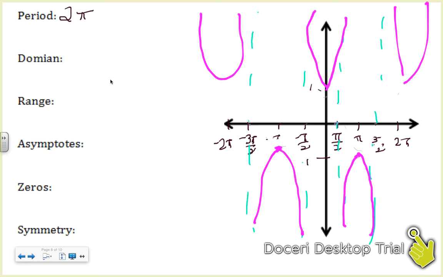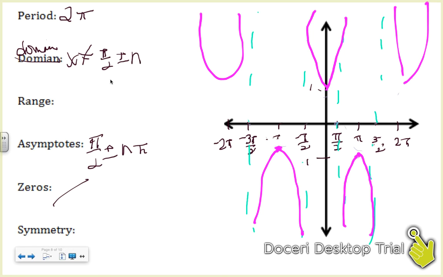So your domain is everybody, well, let me do your asymptotes and your zeros. So you have no zeros. Your asymptotes are at pi over 2 plus or minus n pi, which would be your domain. It would be everybody but pi over 2 plus or minus n pi.